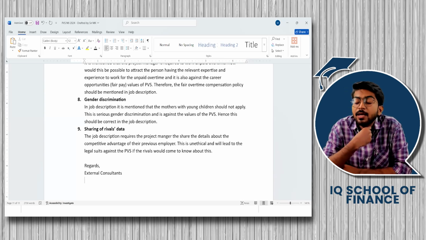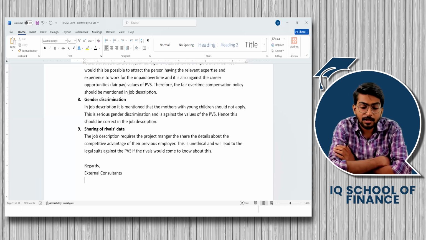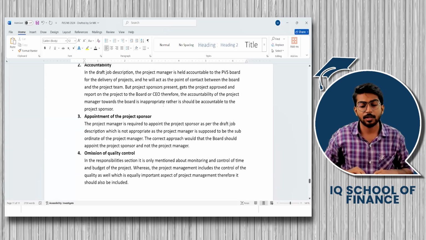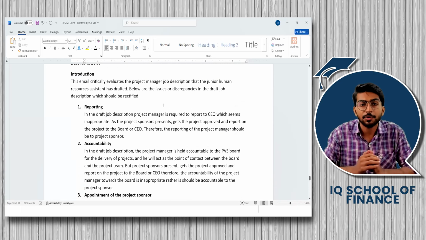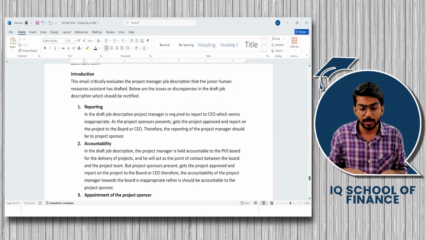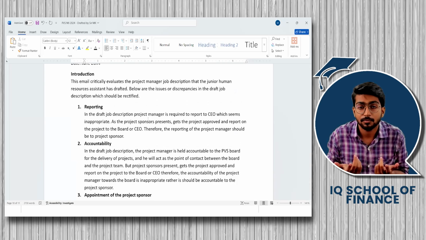See, skepticism is always having a questioning mind, and you are asking me to adopt the tone of questioning, whether it is appropriate or not. For example, in the draft job description, the project manager is required to report to the CEO, which seems inappropriate. So this thing seems inappropriate. This is a skepticism that I'm saying, that it could be wrong, right?